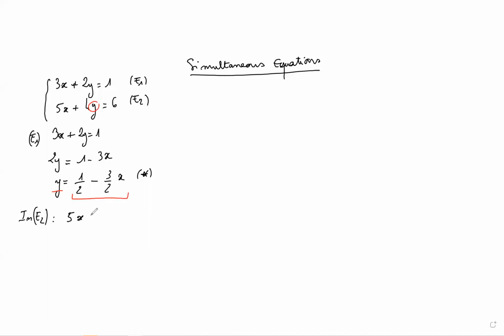So in E2, it's 5x plus 4 times, I replace y with this. I just replaced y with its value here. Then I expand this, and then I solve it like a regular linear equation. It has only one unknown, you know how to do that.